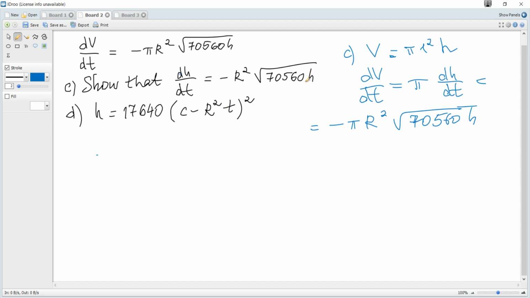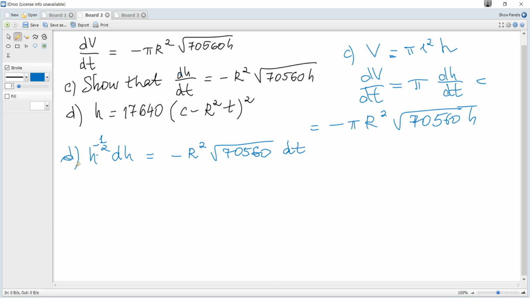We get dh divided by the square root of h, but the square root of h is h to the power of a half, and in the denominator it becomes h to the power of negative a half, equal to some constant, negative R squared, this root, and dt.